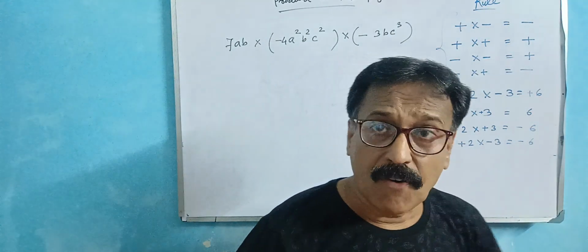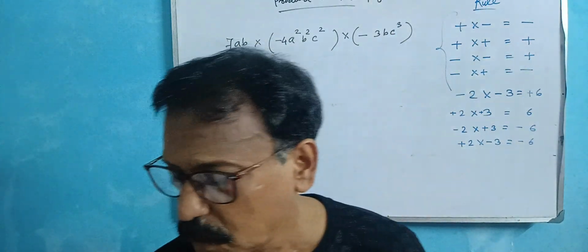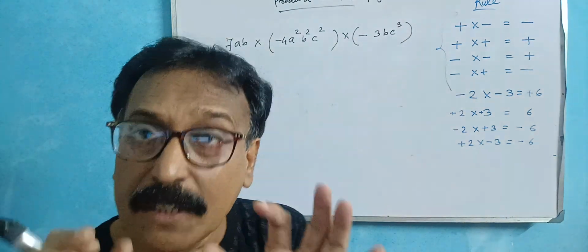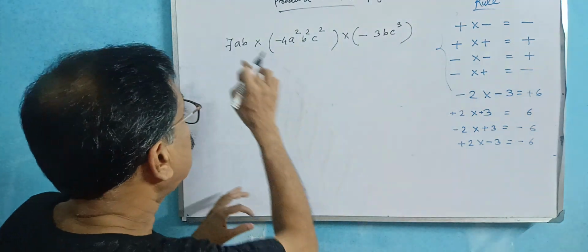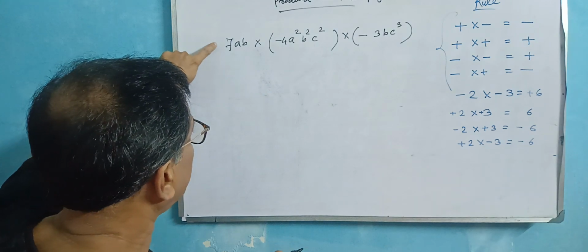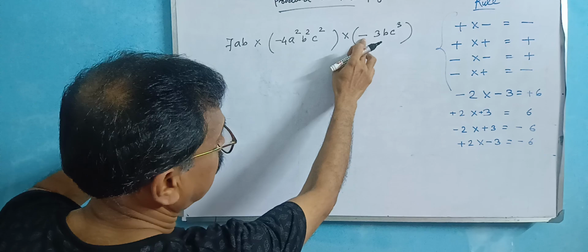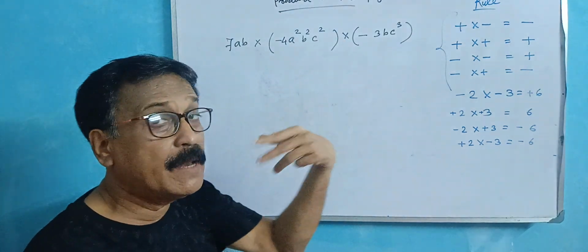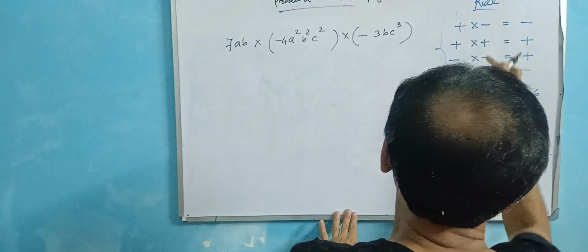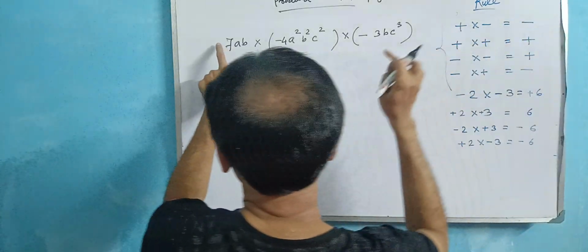No problem. First you determine the sign, then you multiply the numerical values. There is no sign here, that means plus. So plus minus minus, and here is also minus. So plus minus minus, then minus minus plus.